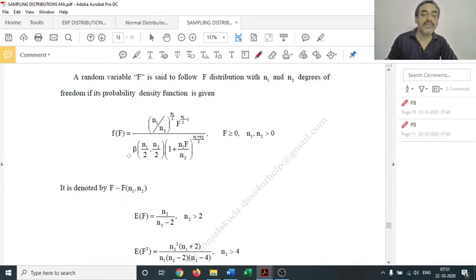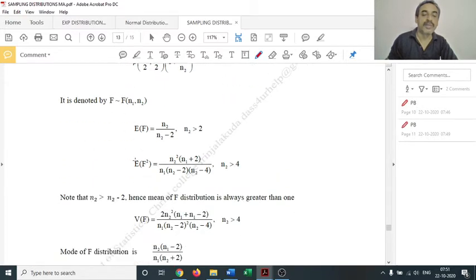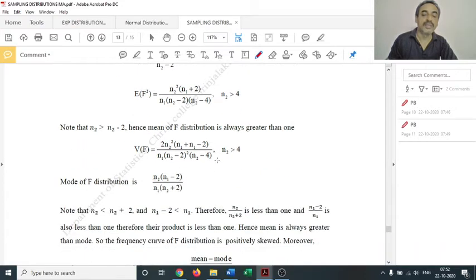We also have a new mathematical function called the beta function, which is considered in this equation of the F distribution PDF. Now some other properties of F distribution. Its mean is n2 by (n2 minus 2), and n2 must be greater than 2. Its second moment, E of f square, is n2 square into (n1 plus 2) by n1 into (n2 minus 2) into (n2 minus 4), n2 greater than 4, and from this we get the variance.